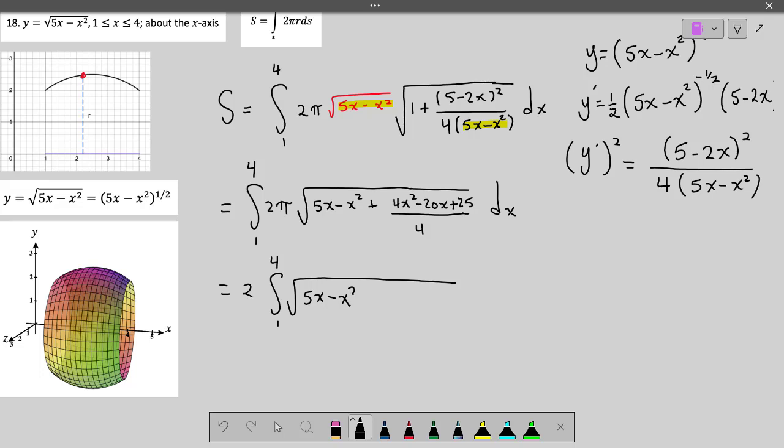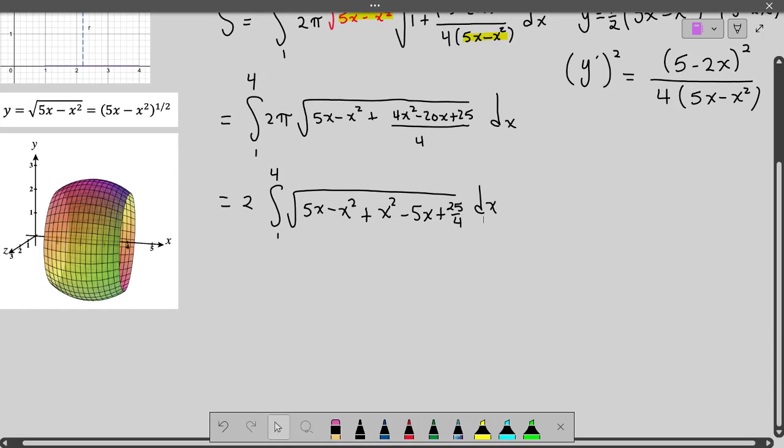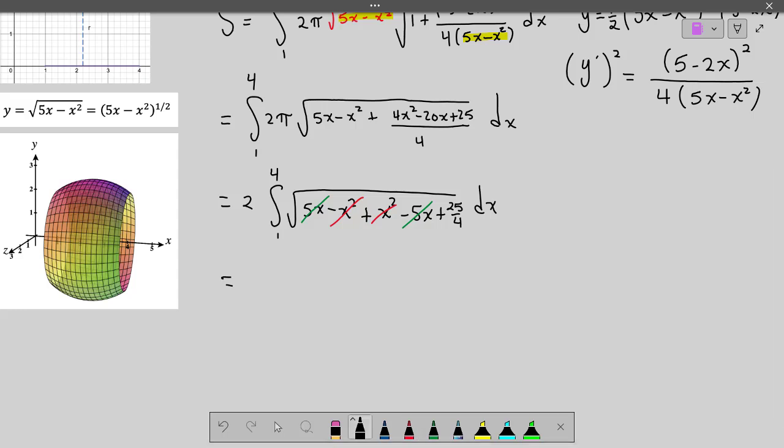Well, maybe not a ton, but we are going to get some cancellation, correct? We get that the 5x cancel, we get that the x squareds cancel. Isn't there supposed to be a 2 pi up before the integral? Oh, the pi, yeah, I don't know where that pi went. Thank you. Yeah, there's a pi out there.